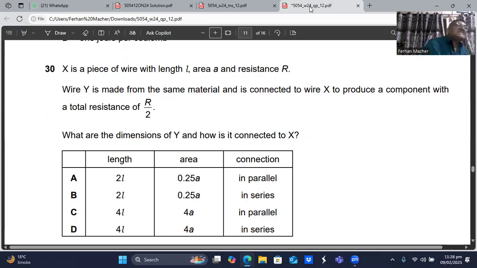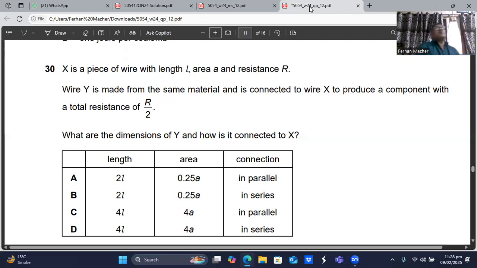Because the resistance has become half, that happens only if they have the same resistance. Same resistance is only possible if you make the length 2 times and the cross-sectional area must become 2 times as well.